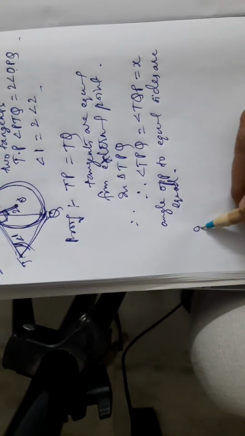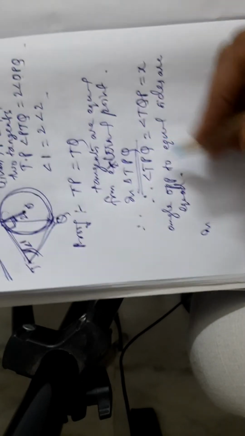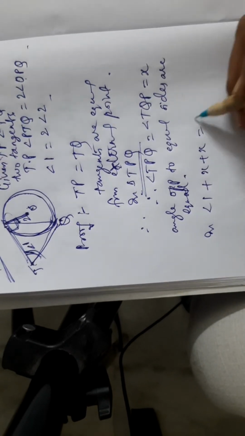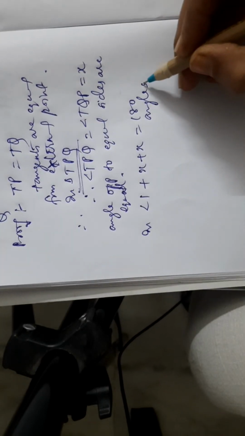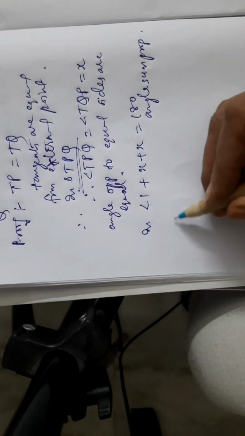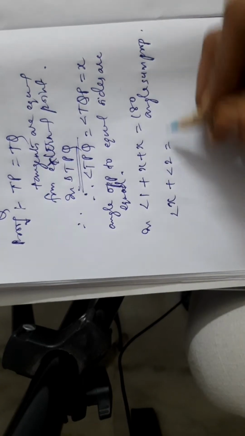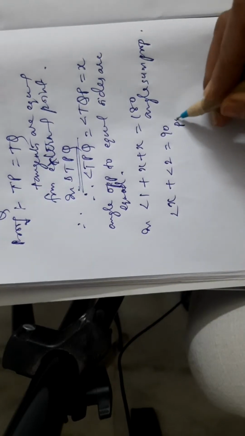In triangle TPQ, if we add angle 1 and x plus x, the sum will be 180, by angle sum property. Next, angle x plus angle 2 is 90, by the point of contact.